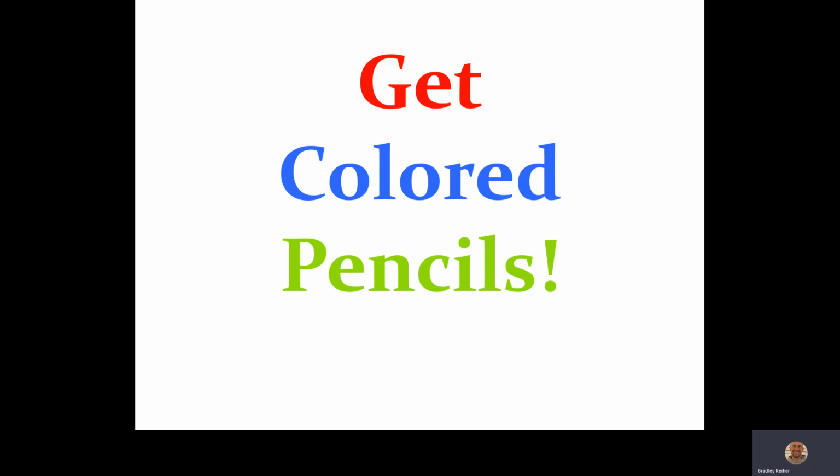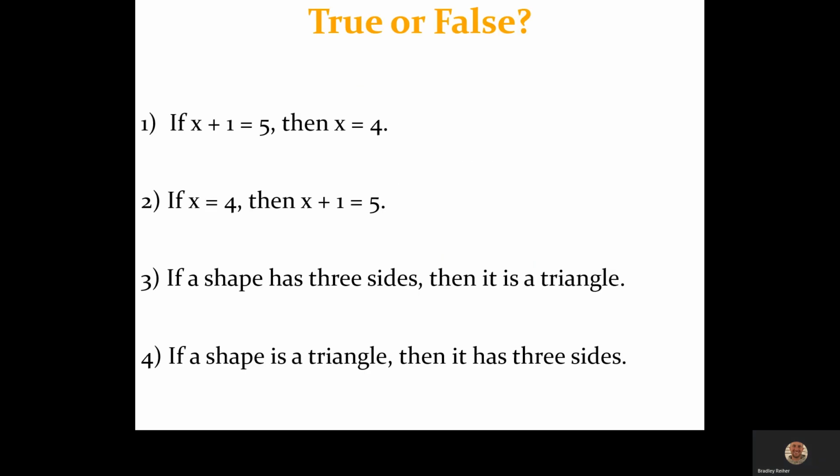This is part 3 of section 4 in chapter 1, conditional statements and their converses. Here's a couple of examples of statements that look similar, and they're going to ask you if the statement is true or false. So for number 1, it says if x plus 1 equals 5, then x equals 4.